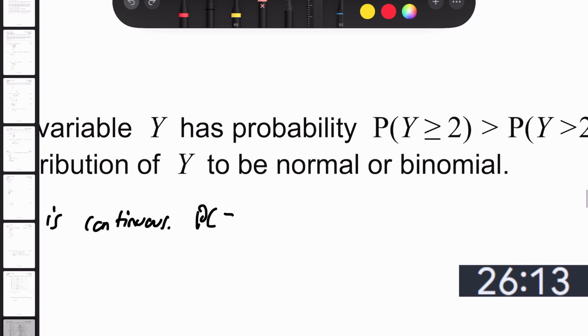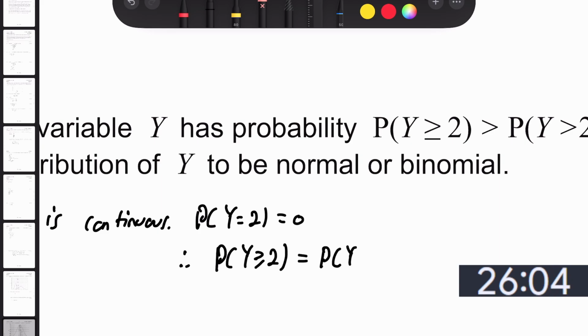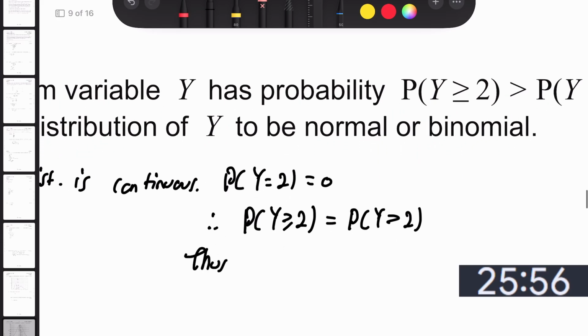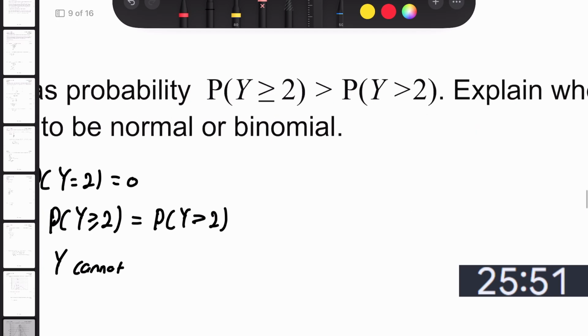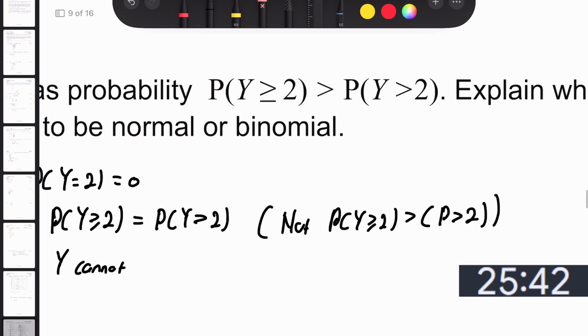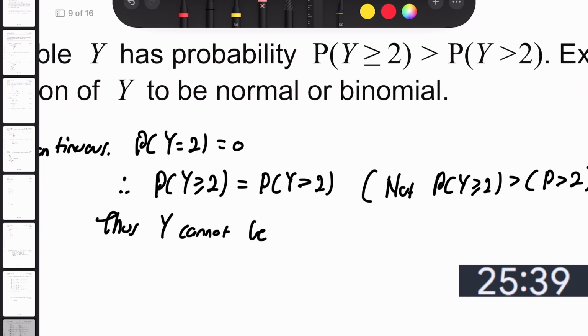Probability of, say, y equal to 2 equals 0. Therefore, probability of y greater than or equal to 2 must be equal to probability of y greater than 2. Thus, y cannot be normal.